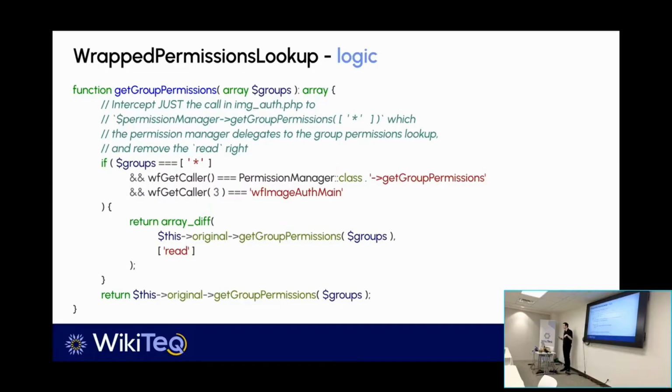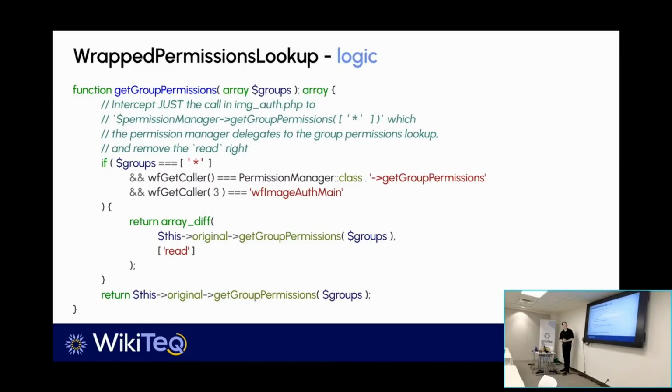And in fact, because of the way this is designed, where we're saying, let's check the caller, and if it's not what we care about, we'll just do the original, if the backtrace were to change, we would just be making everything public. And so this extension is pinned not just to the 1.39 version, but 1.39.15. The extension only supports versions it's been explicitly tested against to the patch level.